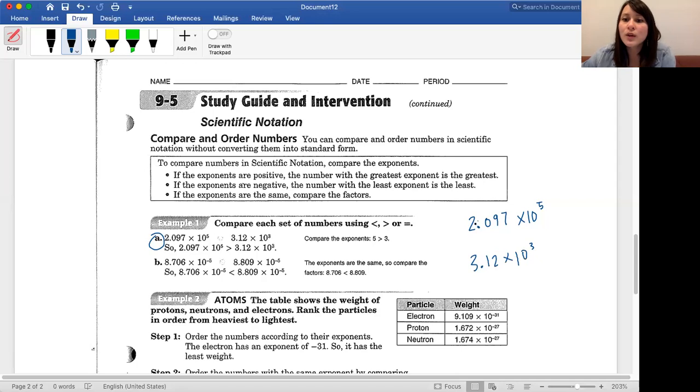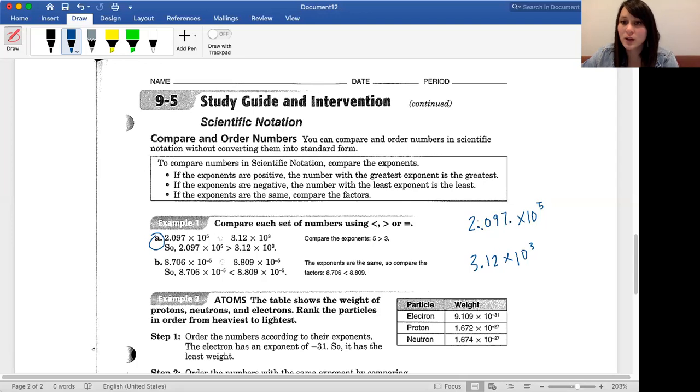Well, because you know that both of these numbers are between 1 and 10, you can immediately say, oh, 2 is bigger than 3, so 3 is bigger, but then you can now look at the power and think through, oh, well, I'm multiplying it by 10 to the 5th power, so I'm moving my decimal over 5 times, and so let's find out which one's going to be bigger.